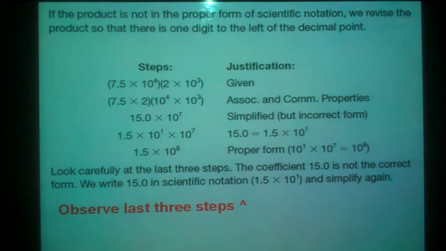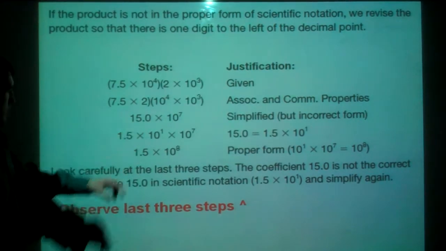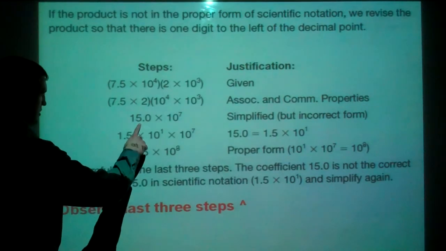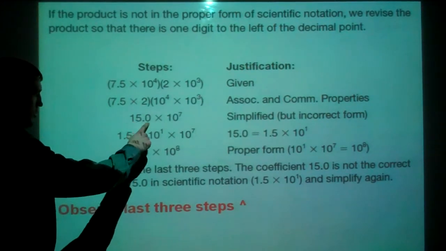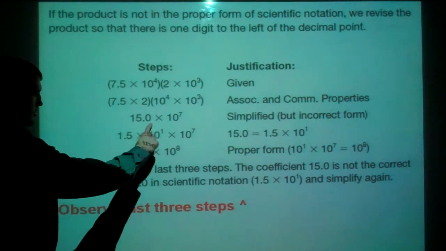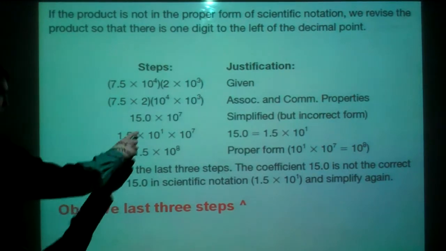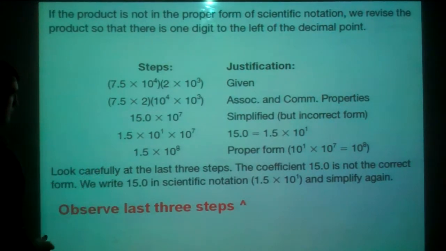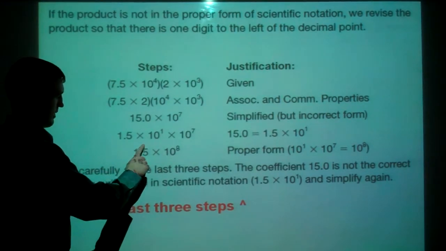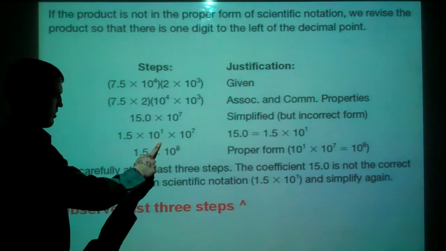So we want to observe the last 3 steps, okay? We want this in scientific notation, which means we want this number to be less than 10, okay? But we also want it to be 1 or greater. Well, if we move this decimal over 1, we get 1.5, okay? Now when we move it back 1, we need to multiply it by an extra 10.